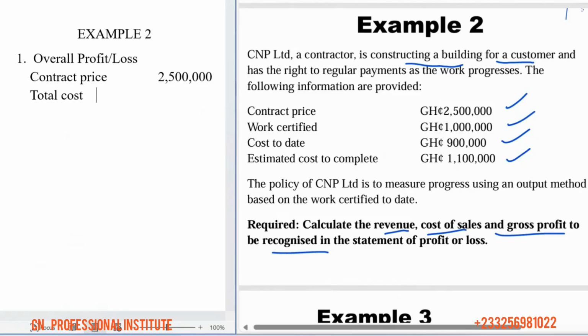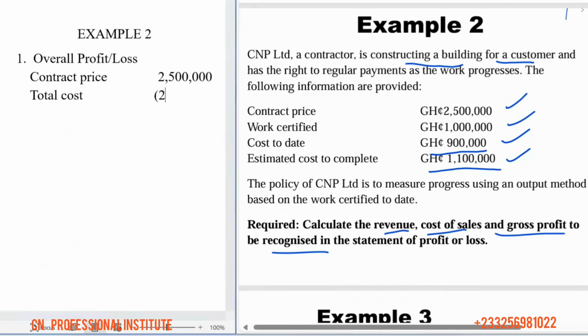Total cost will be cost to date plus cost to complete. So cost to date is 900,000. Cost to complete is 1,100,000. So when you put the two together, that will be your total cost. Are you following? In this case, your total cost will be 2 million.